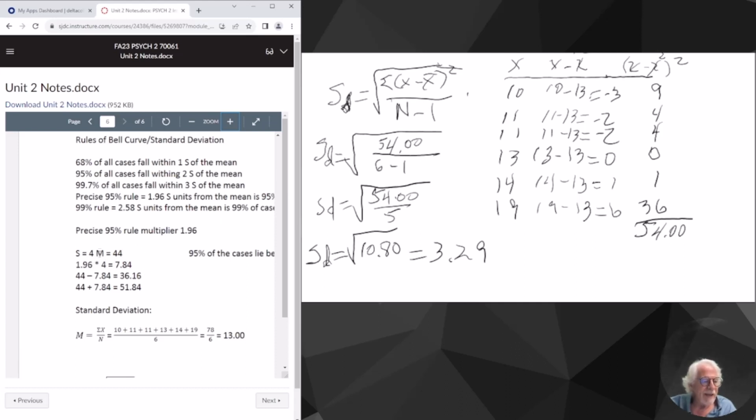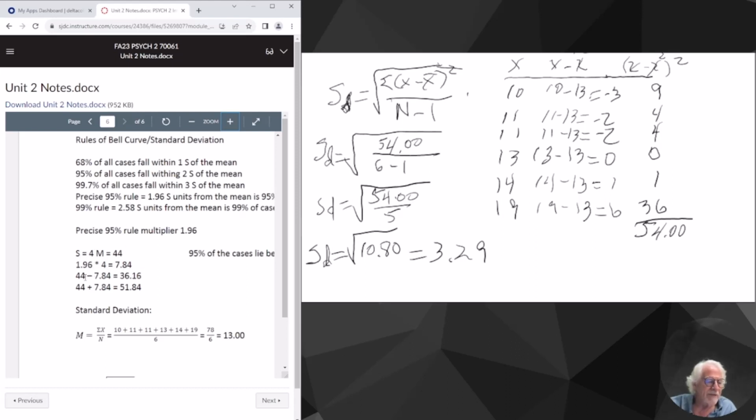For 95% of the people, 1.96 times the standard deviation is 7.84. Instead of just 2 standard deviations, which would be 8, I use this 7.84 for the precise 95% rule.